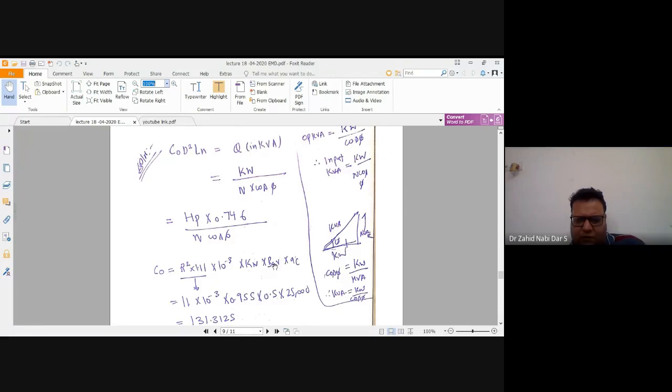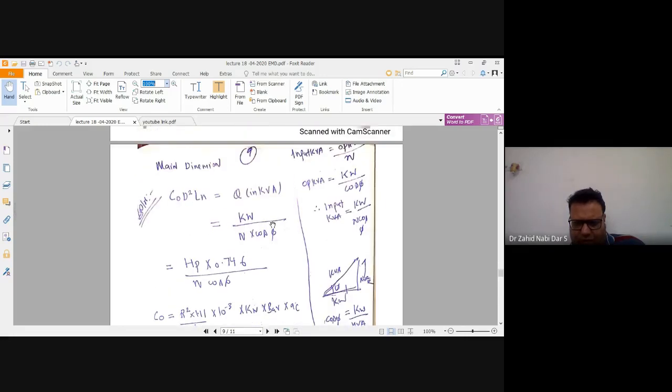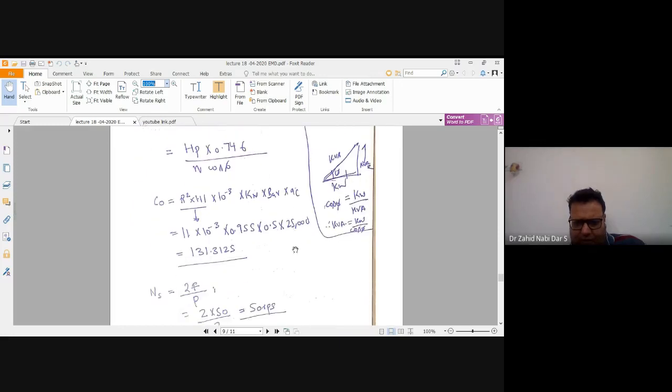Your average flux density is given as 0.5 and your ampere conductors is given as 25,000. Once you calculate the value of C naught, you get 131.3125. This was to explain that cos phi is kW by kVA, so you can relate to this if you are not understanding how this has come. Inside I have written it for your better understanding.